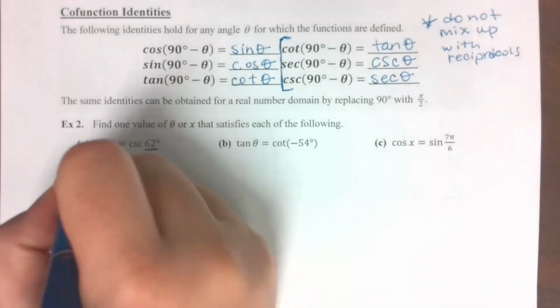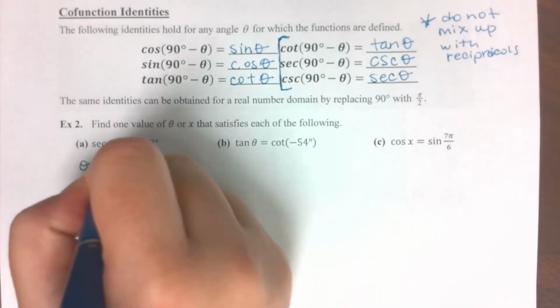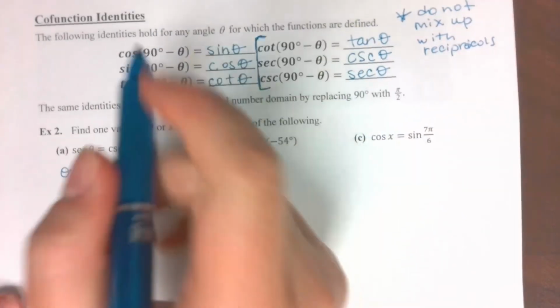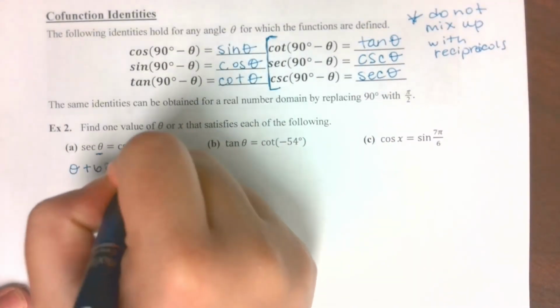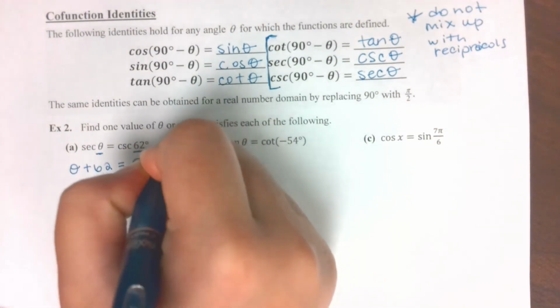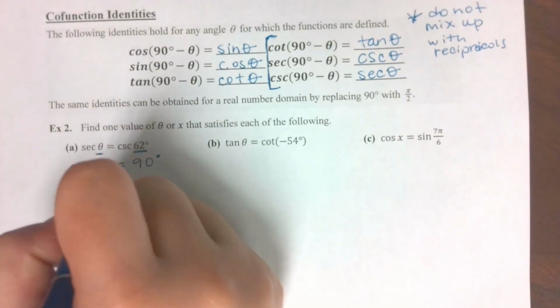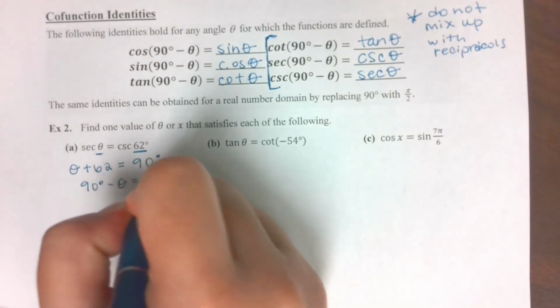Or you can write it as 90 degrees minus theta equals 62 degrees.